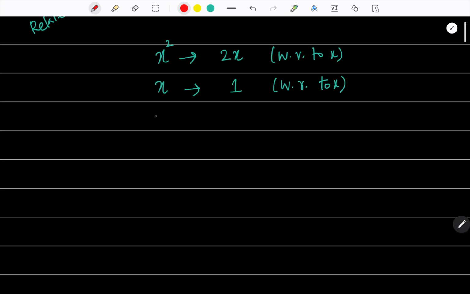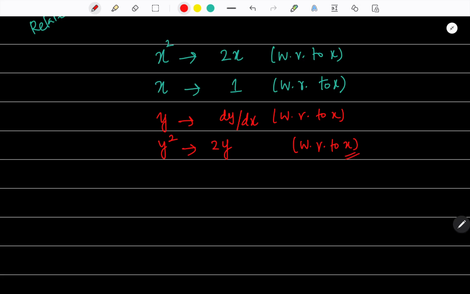If you want to differentiate y with respect to x, what you will get? dy divided by dx. If you want to differentiate y square with respect to x, you write 2y. If you stop here, you have done with respect to y only. But the question is to differentiate with respect to x. So 2y dy by dx.